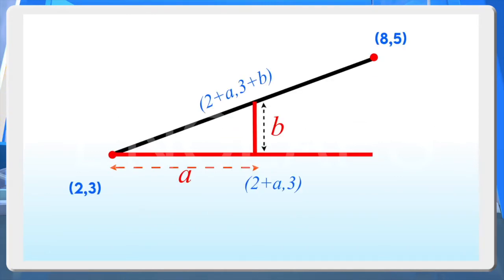Let us draw a large right triangle in the figure to mark the change in the coordinates as we move from point 2, 3 to point 8, 5. So, what is the coordinate of the lower right corner of this large right triangle? We get the x coordinate 8 from the top corner and the y coordinate 3 from the bottom left corner. So, the coordinates of the lower right corner will be 8, 3.